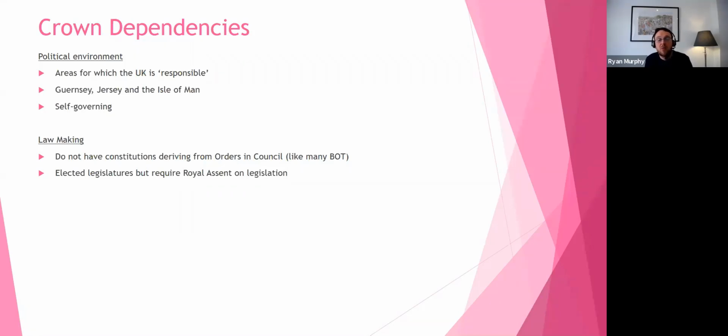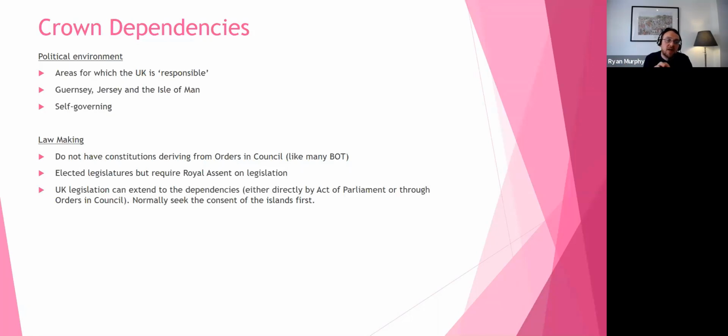The way in which that operates in practice is quite different to how it operates in the Westminster Parliament in the UK, but the technical need to have royal assent as part of that shared lawmaking process is still an important feature. UK legislation can also extend to these dependencies, either by the Act of Parliament itself saying that it extends to these territories, or by an Order in Council making that extension of Acts of the UK Parliament.